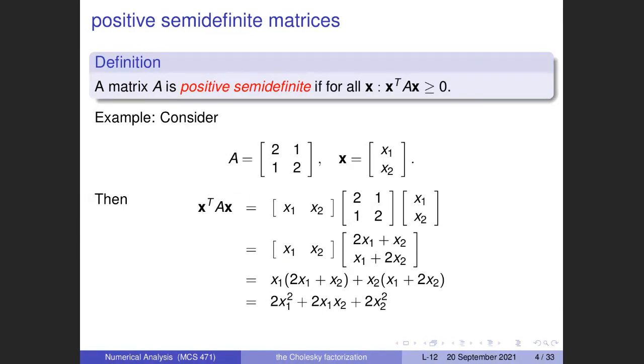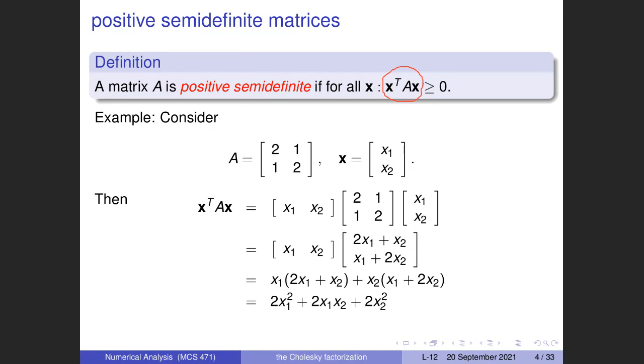The other important structure element are given by matrices that are positive semi-definite. So to every matrix, you can actually make a quadratic form, which is a function in x. So you do A times x, and you do x transpose of that matrix vector product. That gives a quadratic form.